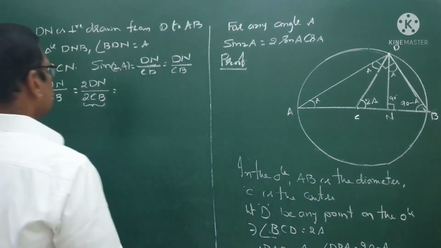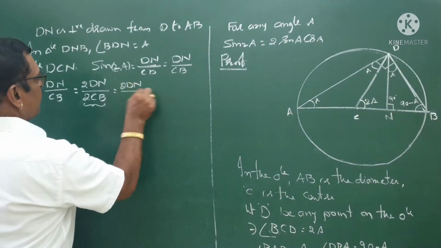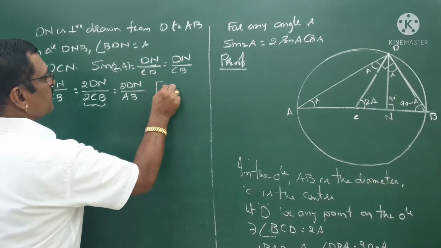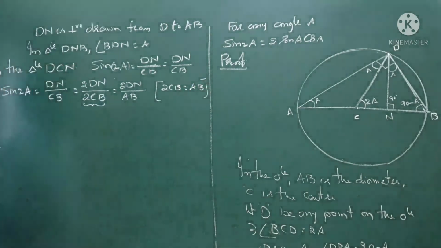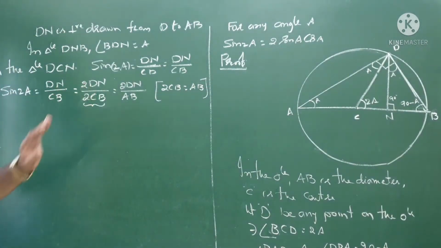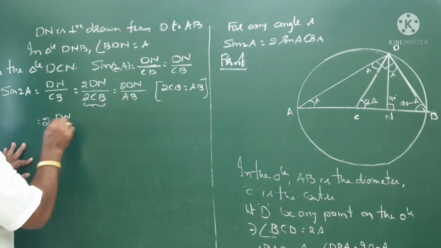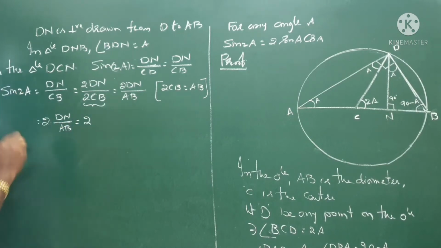So I get 2 DN by AB. In brackets, I can write that 2CB is equal to AB. So I got 2 times DN by AB.